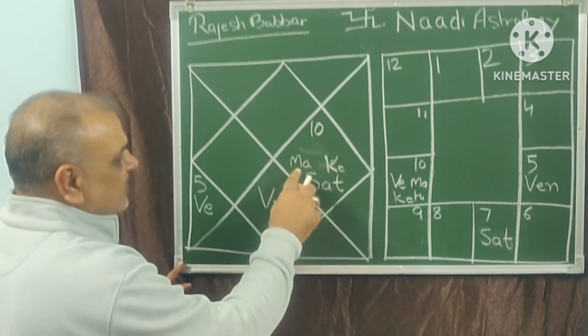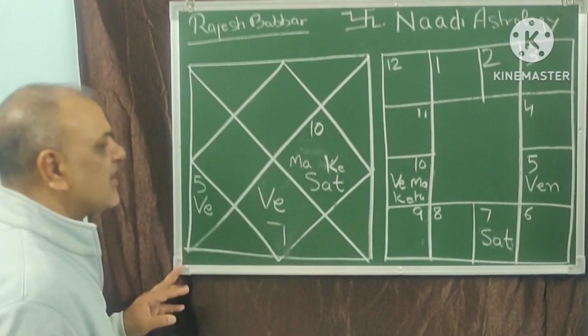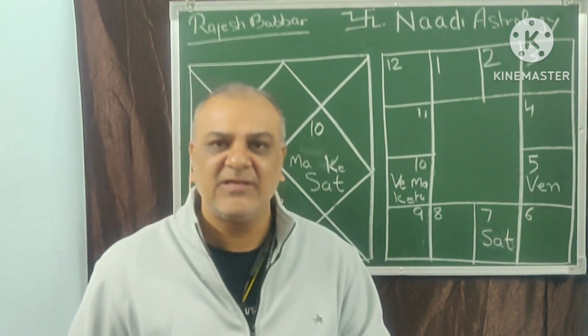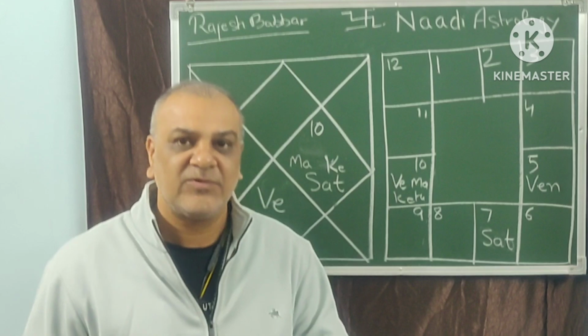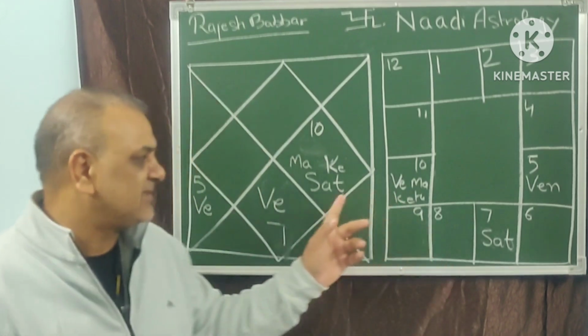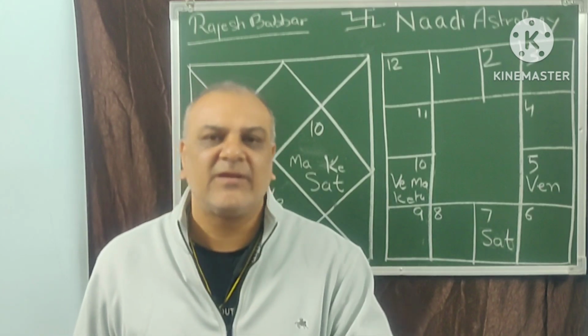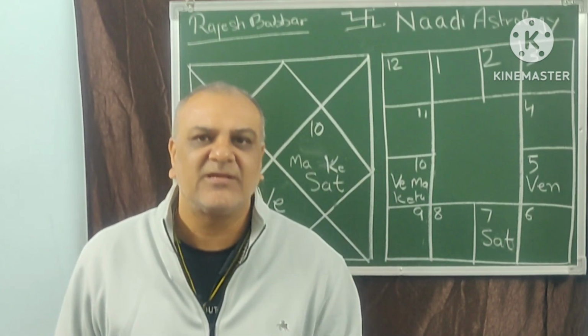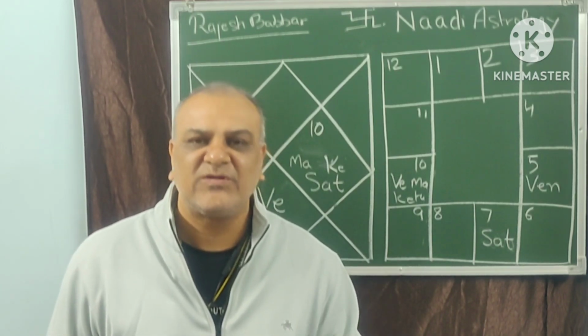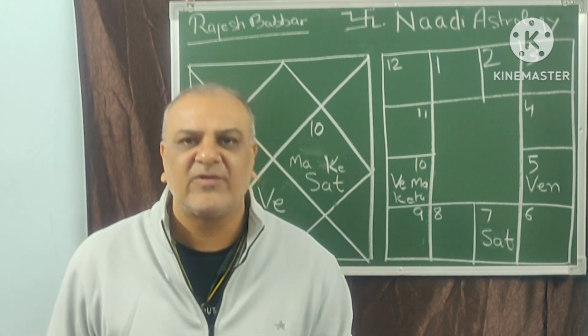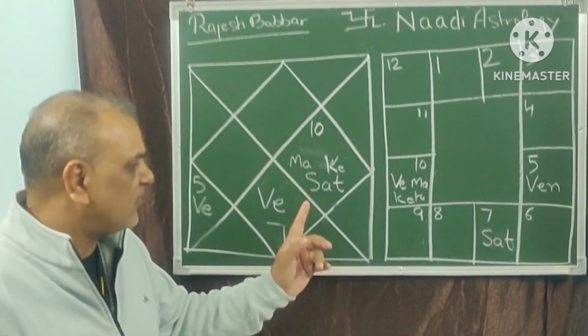because Saturn is now conjunct with Mars and Ketu after the Rashi Parivartana due to the law of exchange. This Saturn conjuncts with Mars and Ketu. So now in the second part of life, the second circle of life, the profession will be destroyed. There will be a lot of problems in the profession. Why?